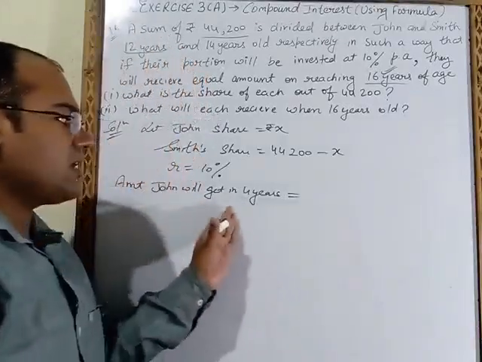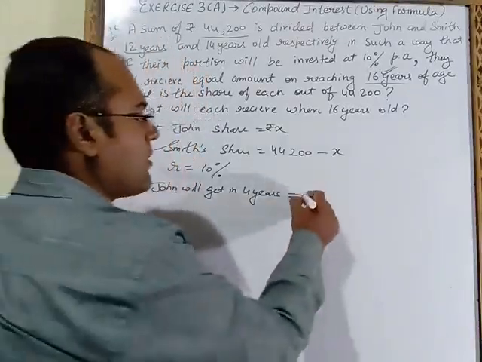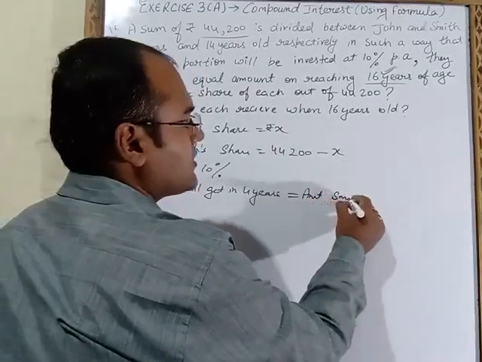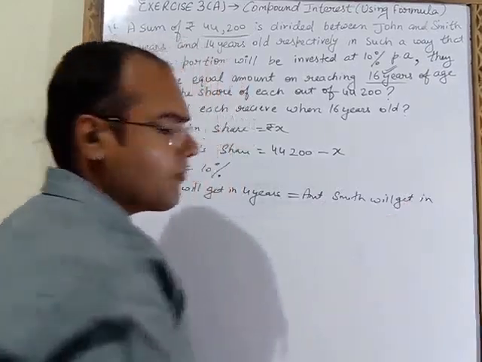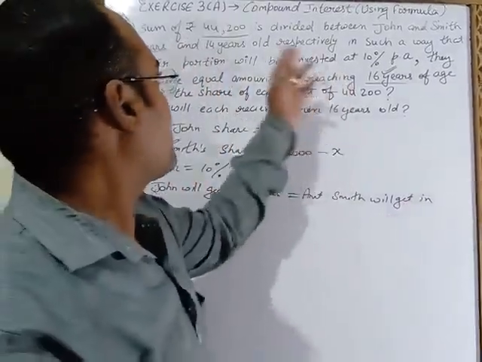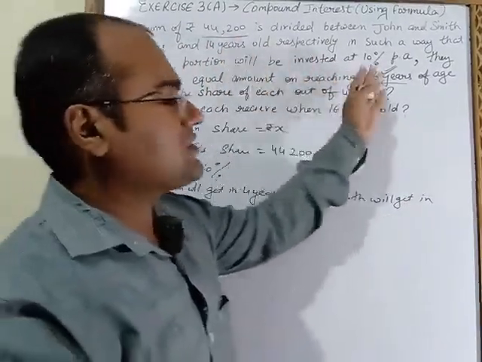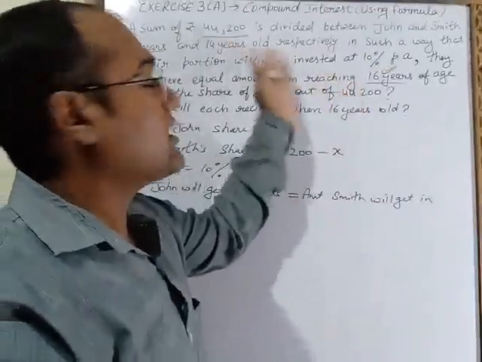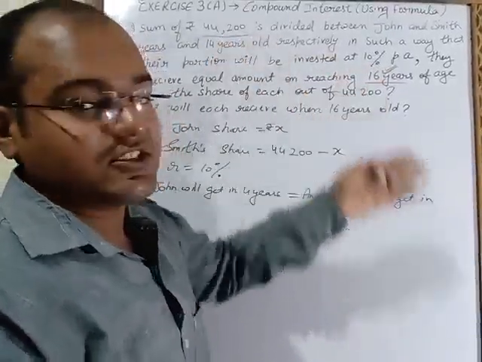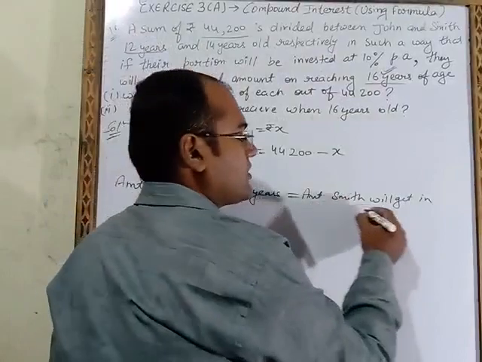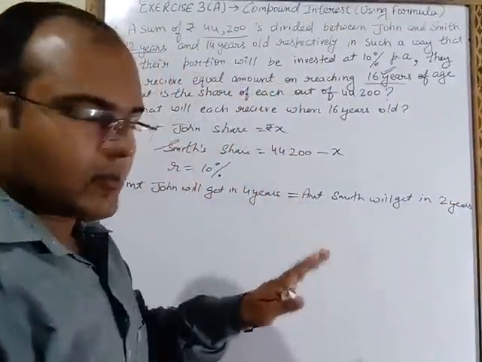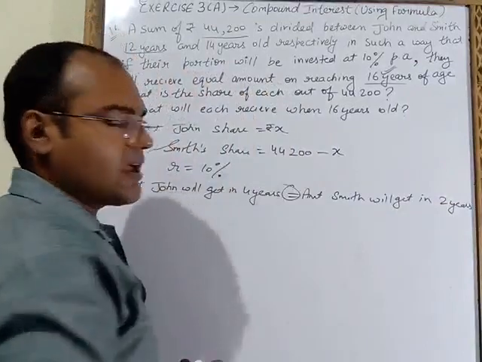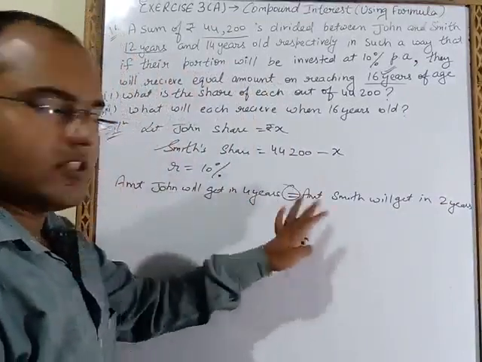So amount John will get in 4 years is equal to amount Smith will get in how many years? Smith is of 14 years of age. When he will be of 16 years, how many years gap is there between 14 and 16? 2 years. So amount Smith will get in 2 years. Both will get the same amounts, that is why I put an equal sign in between these two.